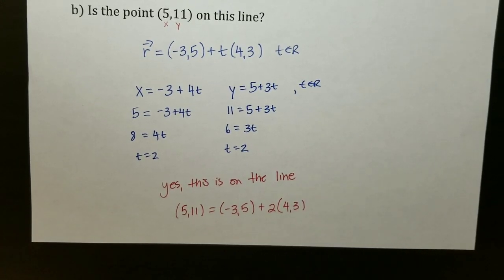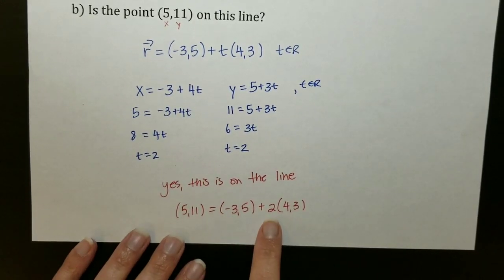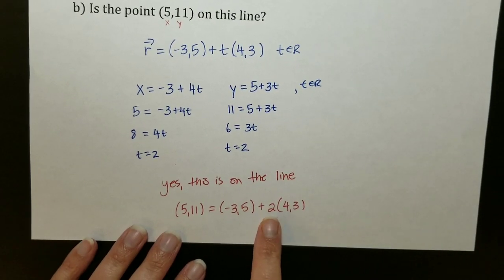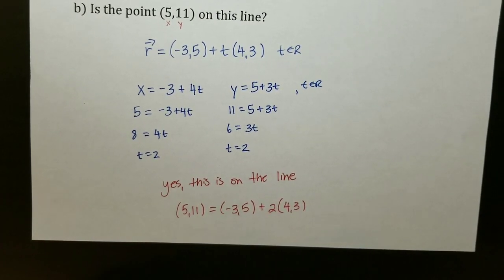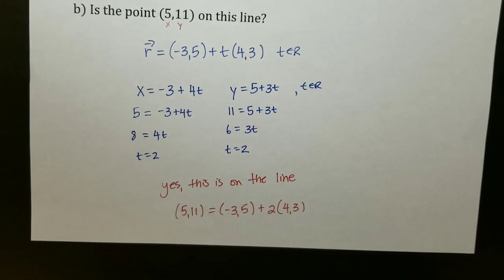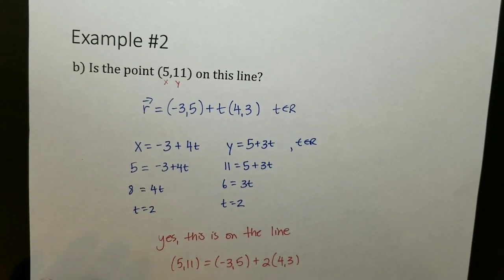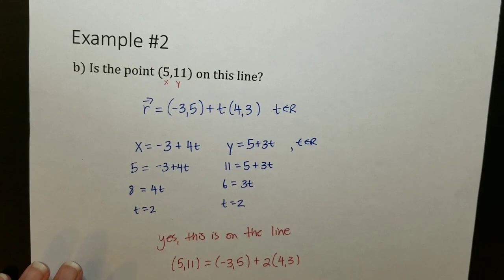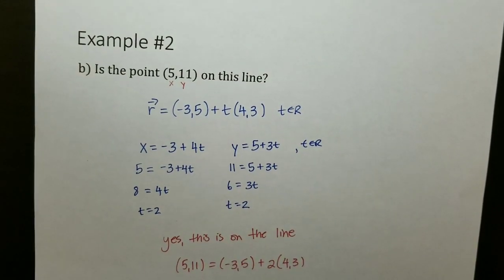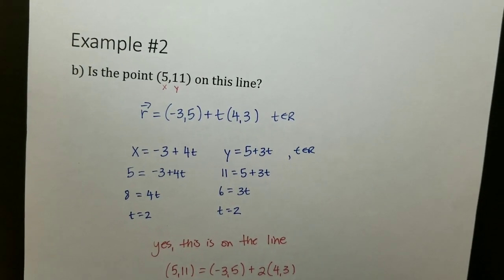So if you can put this in and find a value for that parameter, the t or the s most commonly, then you can confirm or disprove that that point would be on the line. If the t is different in the x and the y direction, then you'd know that that point would not be on the line. And that is it for Unit 3, Day 1.